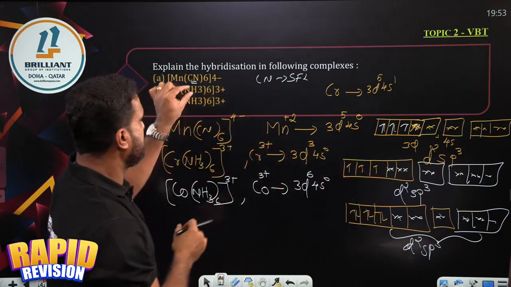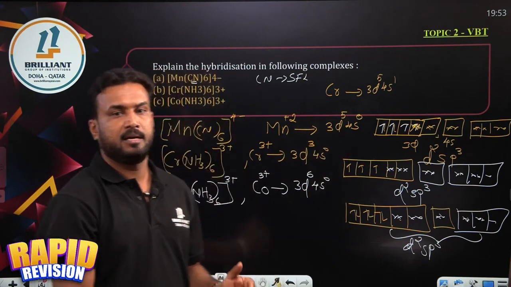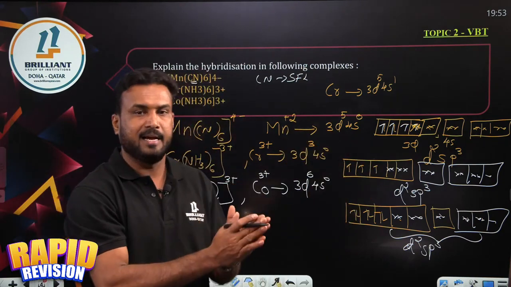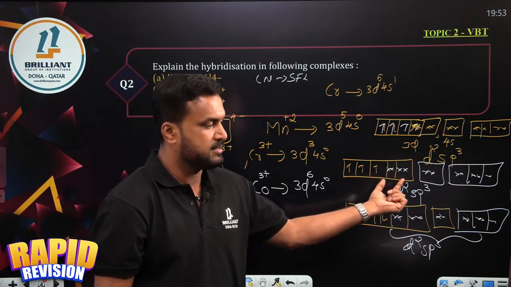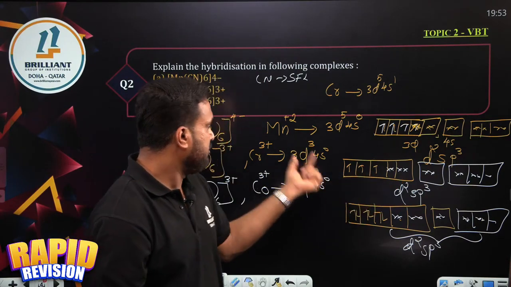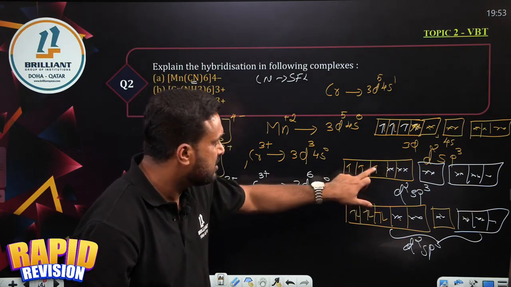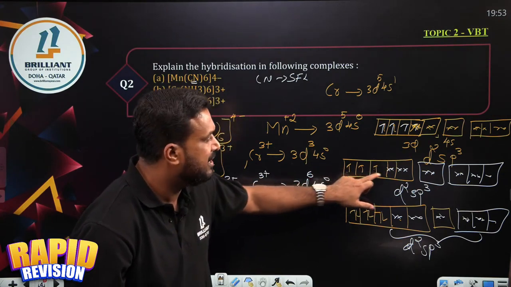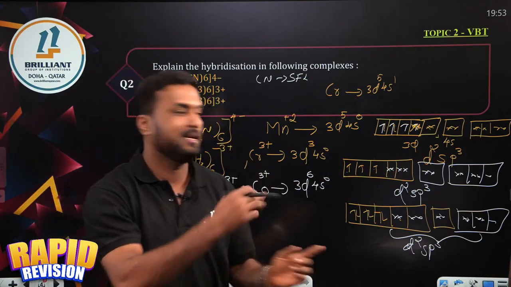What I explained is NH3 normally is a strong field ligand. The effect of a strong field ligand will not be there in this case, chromium, because even if it tries to pair up, there is no use. If this electron pairs up over here, we will get 3d orbitals, and we don't have any hybridization like d3.